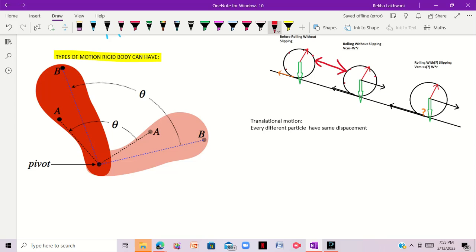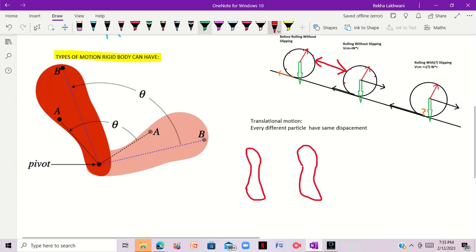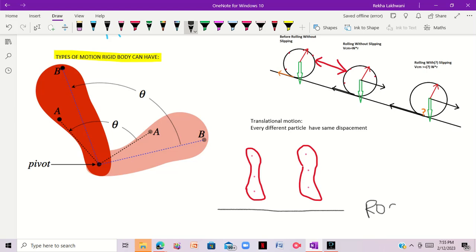For example, consider that we are having a rigid body over here, and over here we have another rigid body, and they are both identical, right? So consider point A, point B, and point C, and this is basically the road, the pathway.